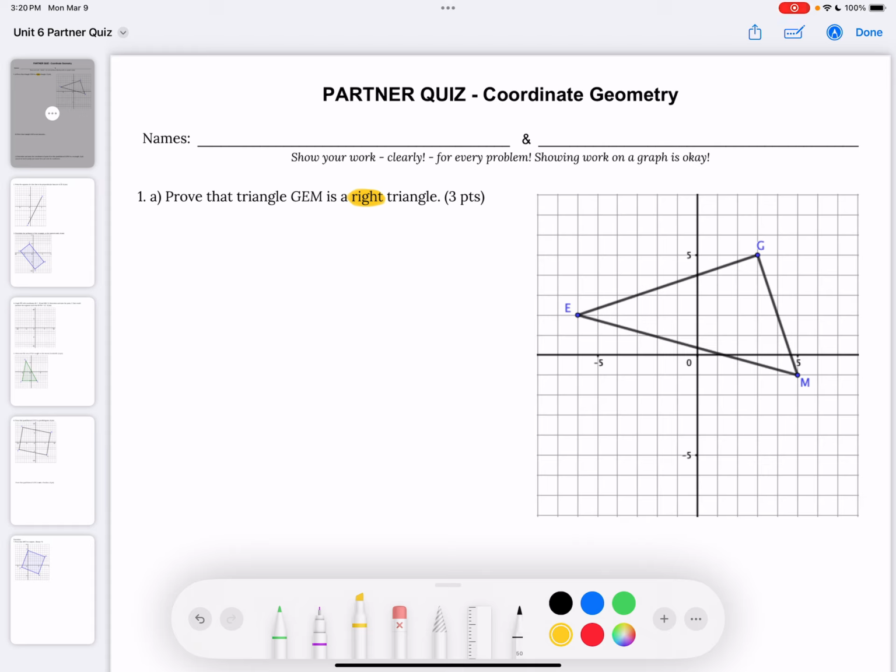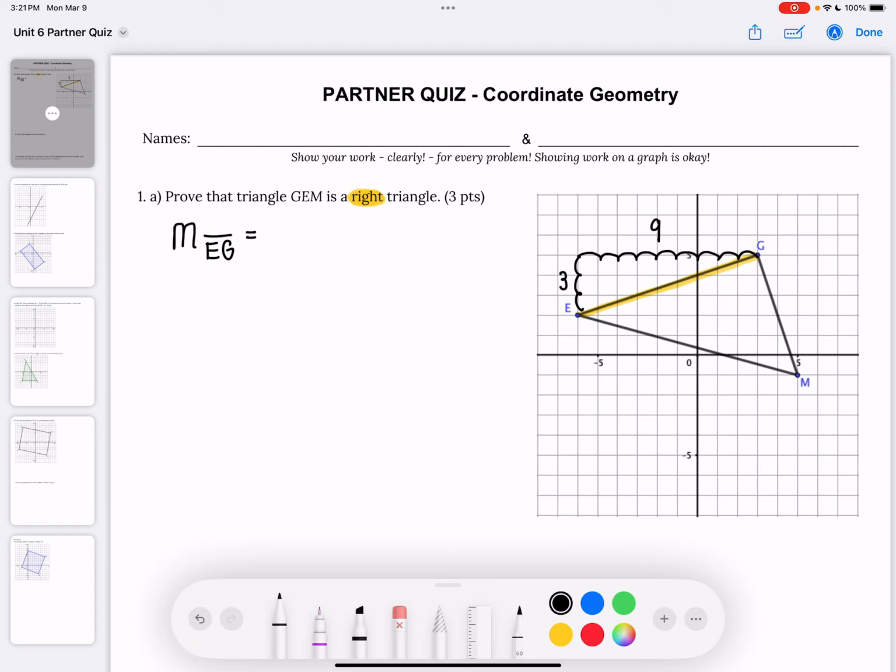So I'm going to highlight line segment EG, and I'm going to find that slope. So let's write slope, which is the letter M of line segment EG, is equal to rise over run. So I'm going to have a rise of 3 and a run of 1, 2, 3, 4, 5, 6, 7, 8, 9.